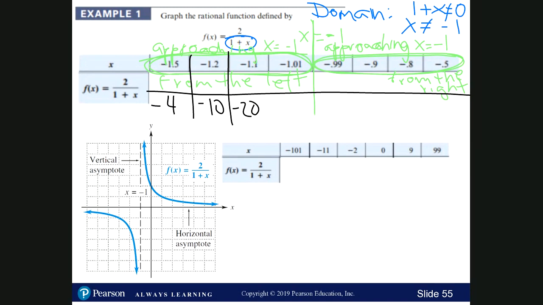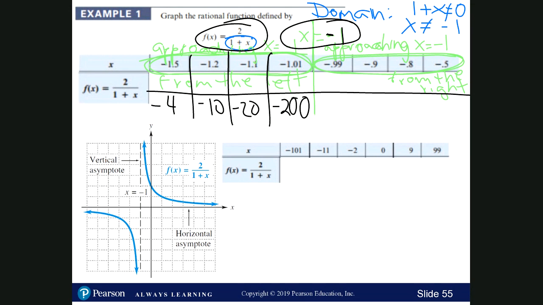We'll have for negative 1.01, so that's even closer to x equals negative 1. And you could see that the value is going to decrease. And I say decrease because, yes, we are getting numbers with bigger absolute value, but since they're negative, they're going down to negative infinity. Now, if we were to substitute negative 1 in this function, we will get an error on the calculator, but we know that means undefined.